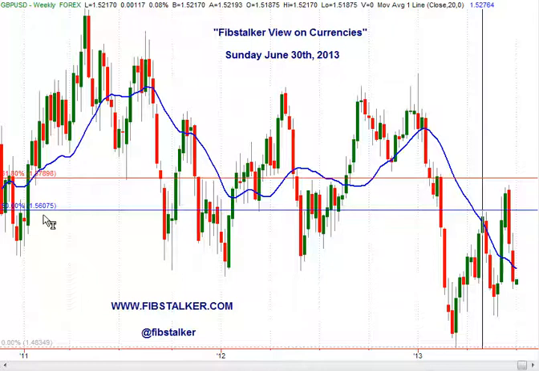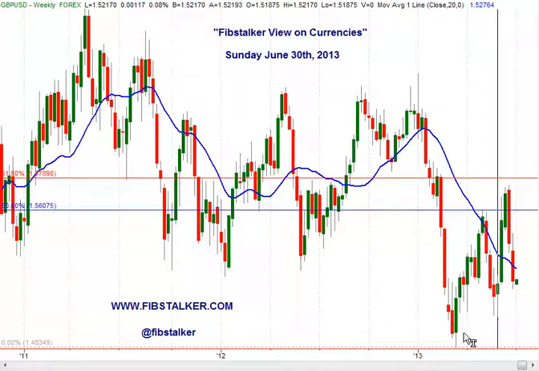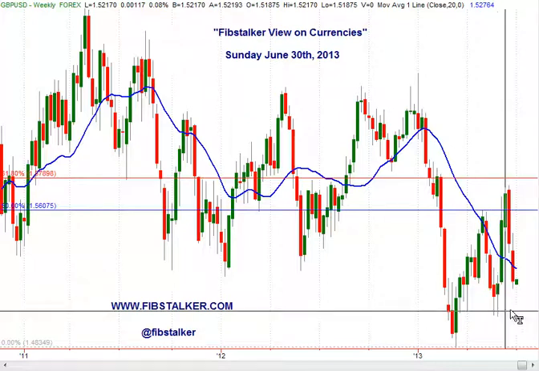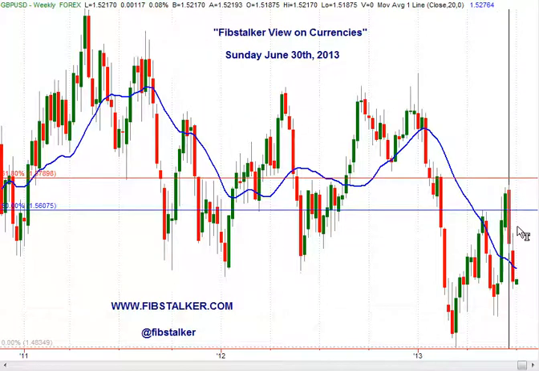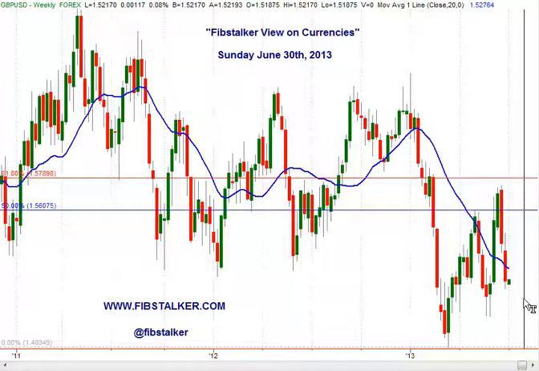This 156 level acted as a resistance to the pip. So price went down, and then it was pushed again for 3 weeks into this area of resistance, and then price couldn't make it above this 157.90, which would have represented an important development for the pound. So at the moment we kept moving lower.